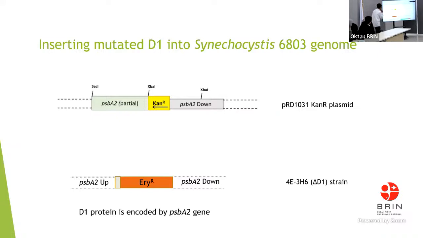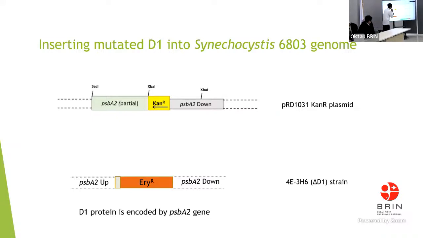And then I use this plasmid, called pRD1031, which integrates into the chromosome. So it's not self-replicating, but this integration vector goes into the genome of Synechocystis, and will integrate into psbA2, which is the D1 gene.